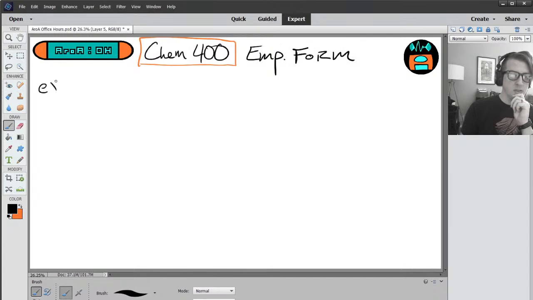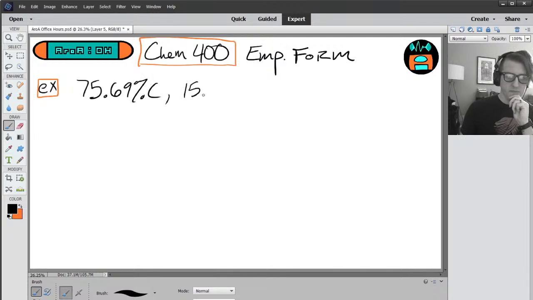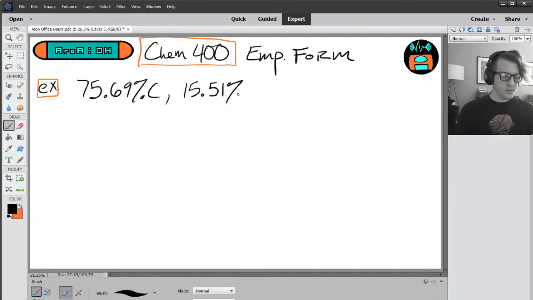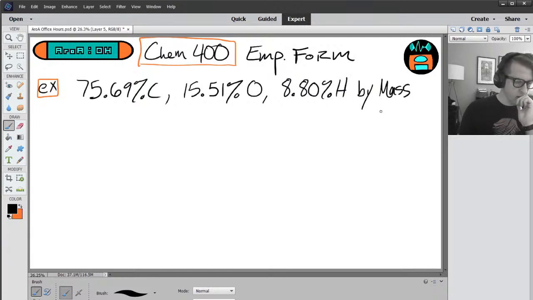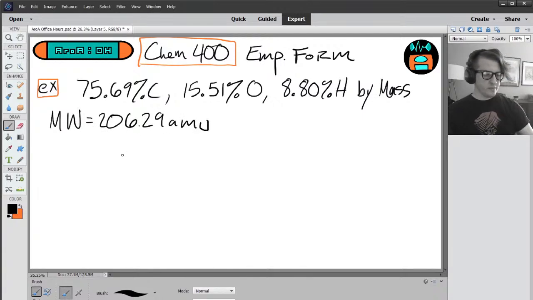So we have 75.69% carbon, 15.51% oxygen, and 8.80% hydrogen by mass. And we're given the molecular weight is 206.29 AMU. And now we're asked to identify the empirical formula and the molecular formula.